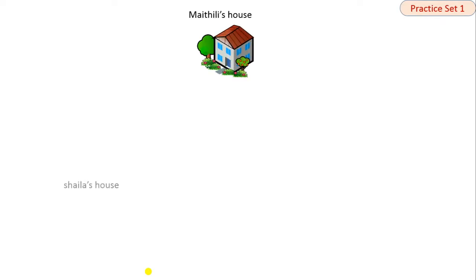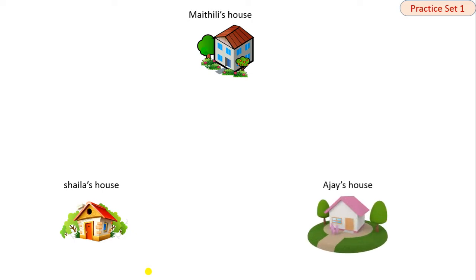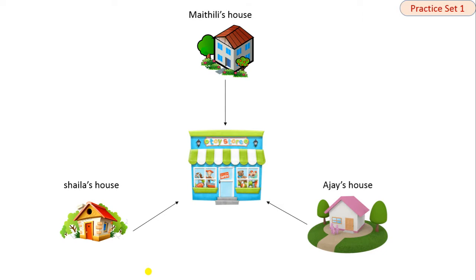Let us see this diagrammatically. This is Maithili's house, this one is Shaila's house, and this one is Ajay's house. And the toy shop is equidistant from these three houses.